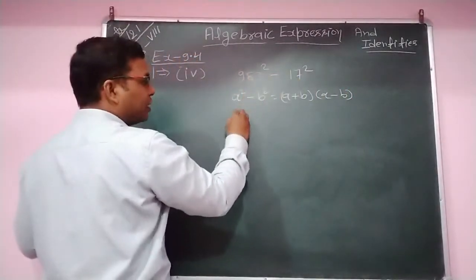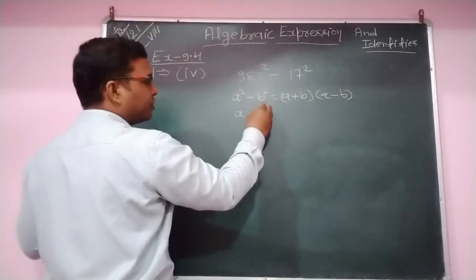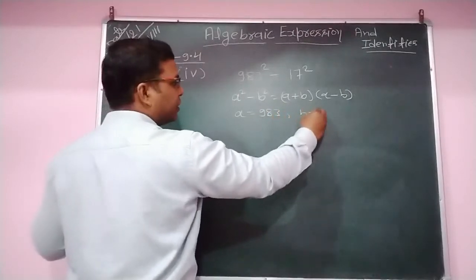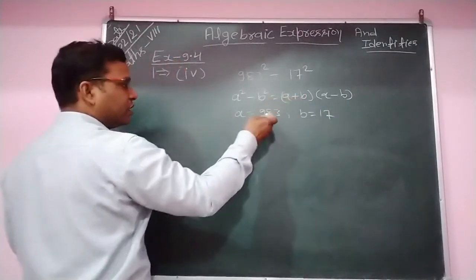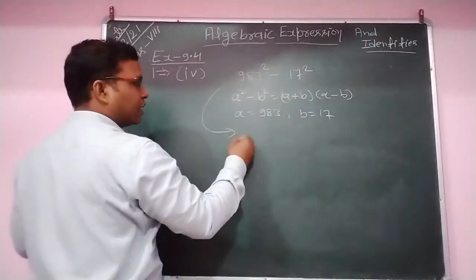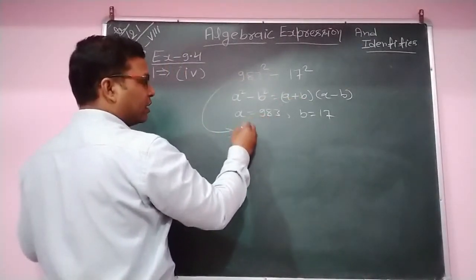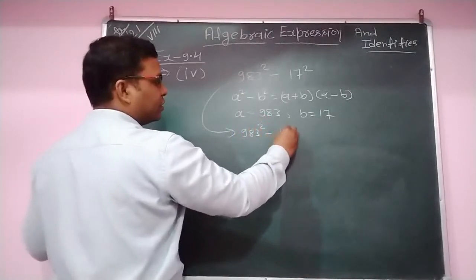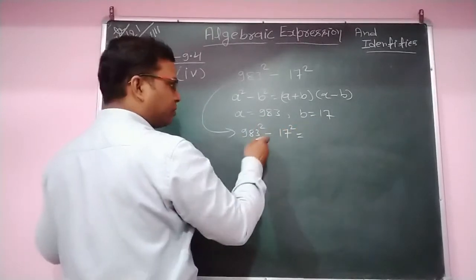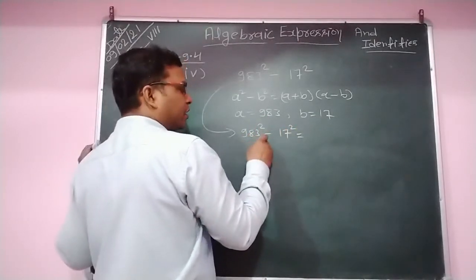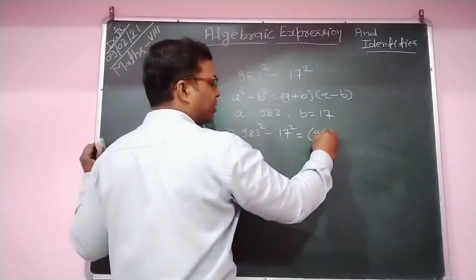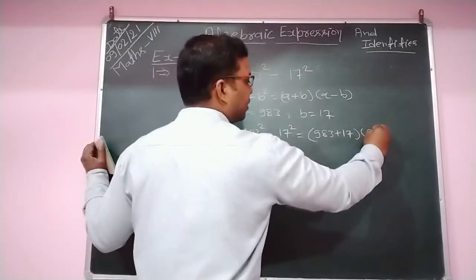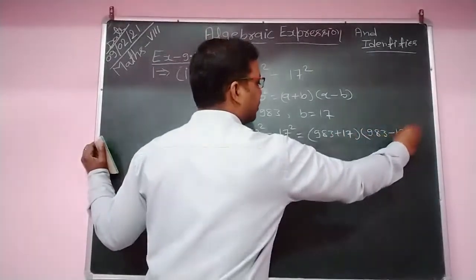If you compare this, then you get a is equal to 983 and b is equal to 70. So according to this identity, you can write like this: 983 square minus square of 70 is equal to, in the first bracket, 983 plus 70, and in the second bracket, 983 minus 70.